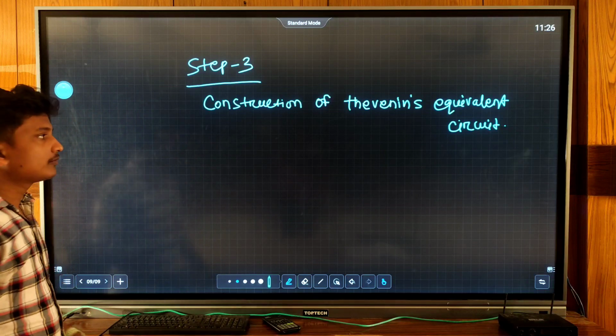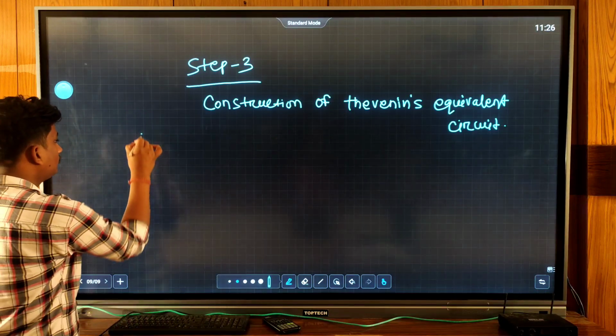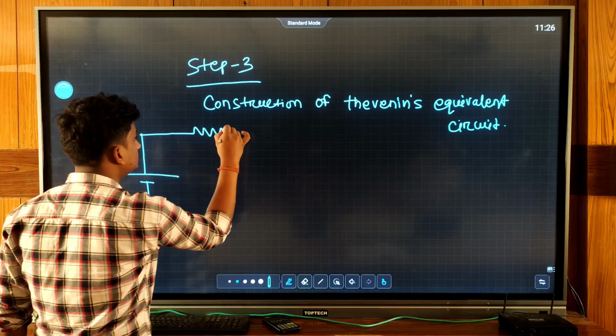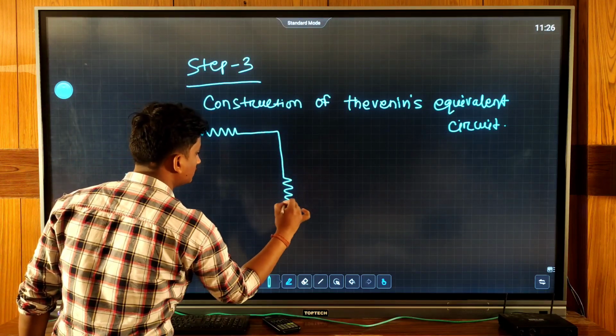In Thevenin's equivalent circuit construction, first we have to put VTH here, and then RTH here, then RL here.